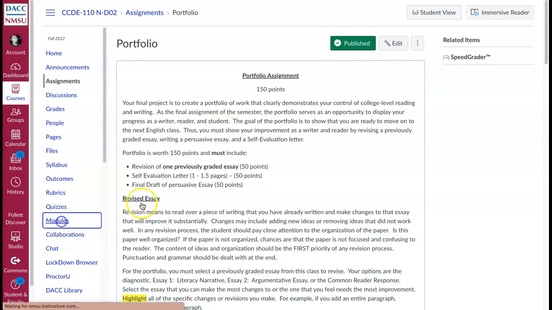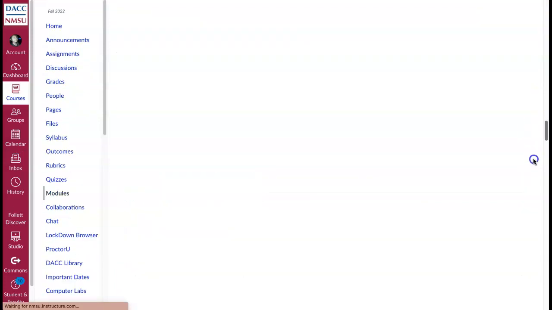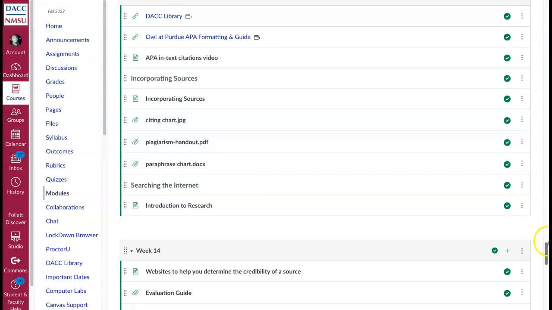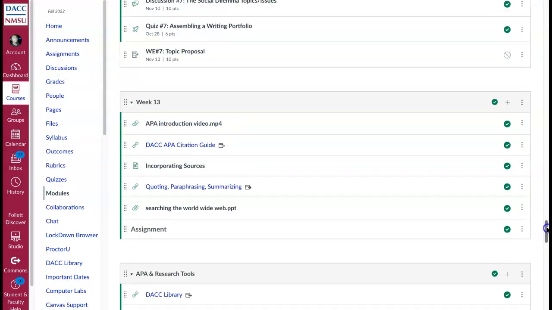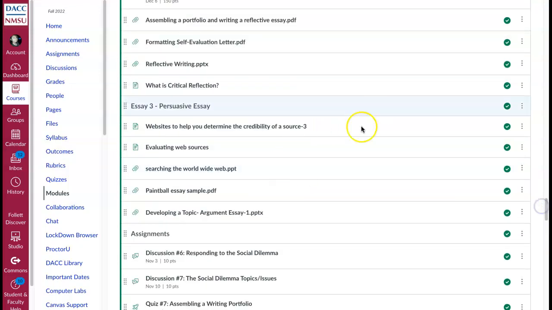You also want to look at the portfolio module, because that's where you're going to see these files that I linked. If you go to the portfolio module, I have links and I have handouts for evaluating web sources, and I have a paintball essay sample. I have the PowerPoint for developing an argumentative essay.